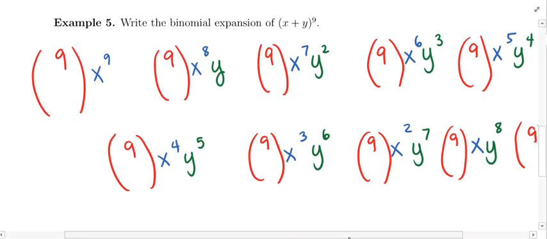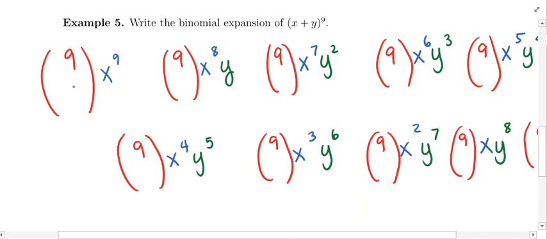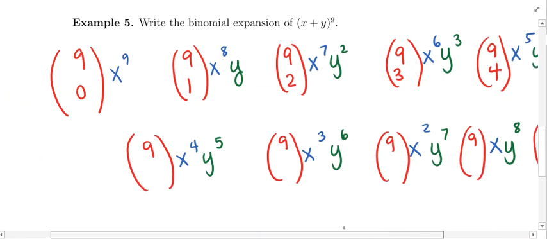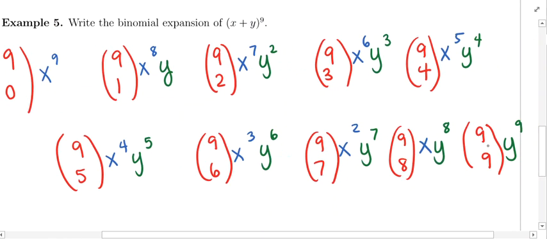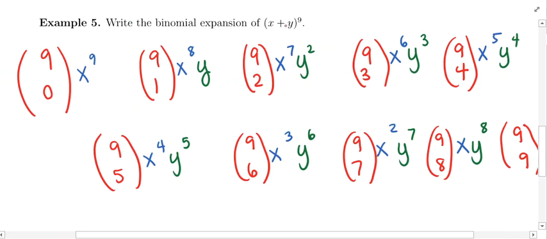And then to get the bottom number, we will start with the first binomial coefficient. The bottom number will be 0. And then each subsequent term, we're going up by 1. We should end with 9, 9. If you look inside the binomial, we're adding, so all of these terms will be positive. So we need to add them together.